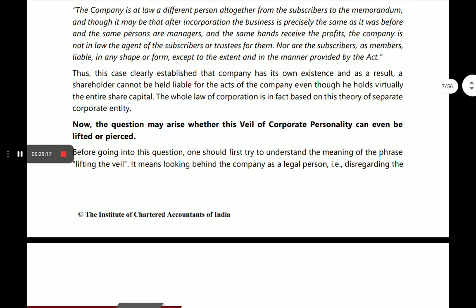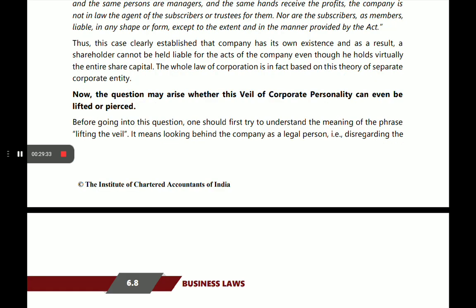Now, the question may arise whether this veil of corporate personality can ever be lifted or pierced. Before going into this question, one should first try to understand the meaning of the phrase lifting the veil.